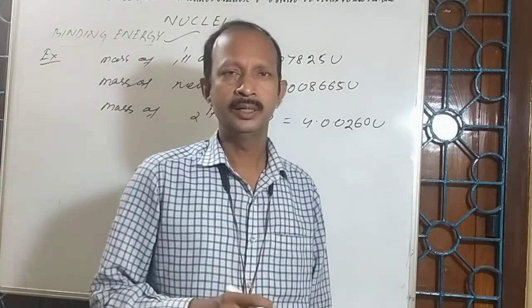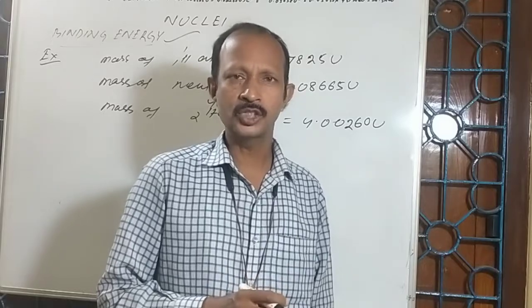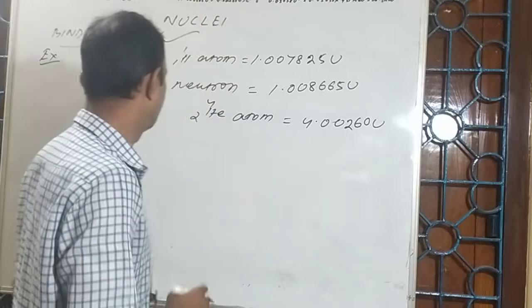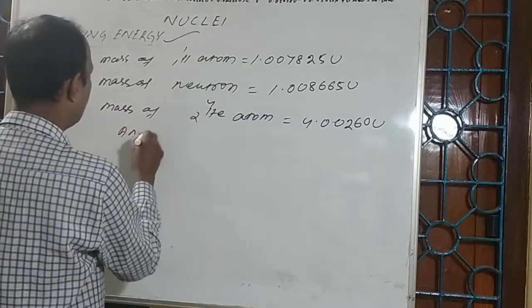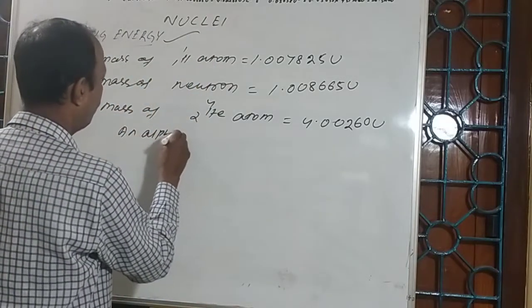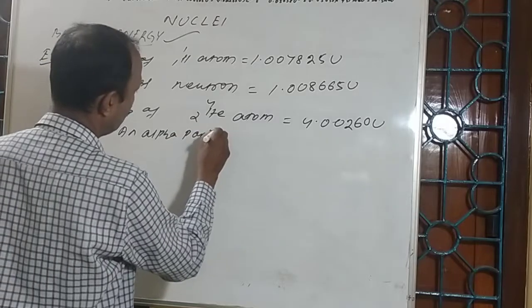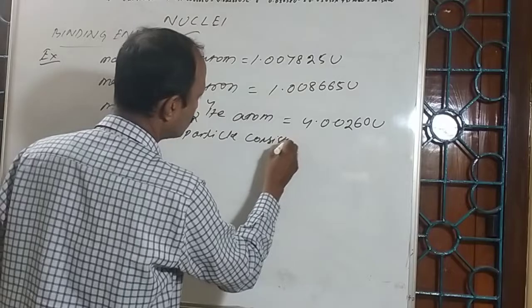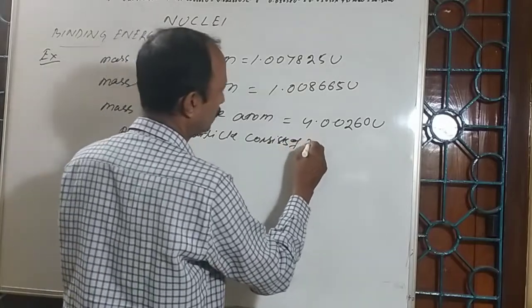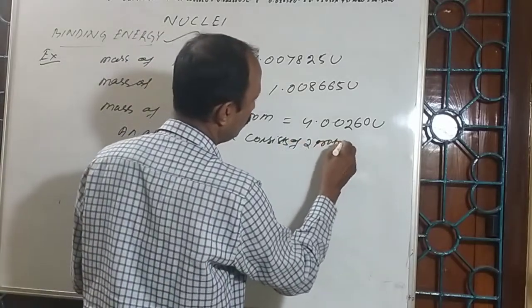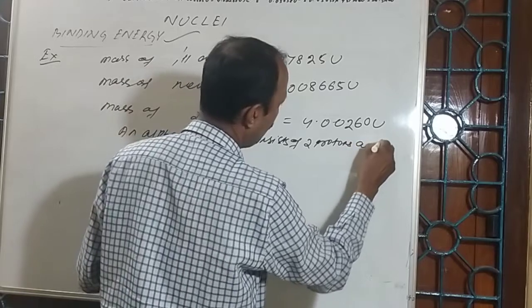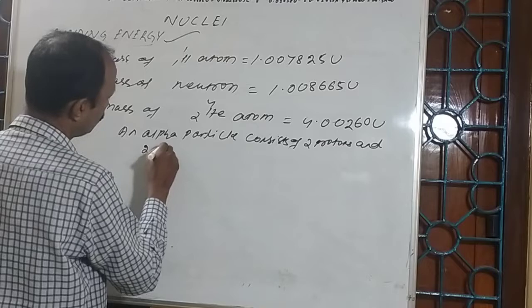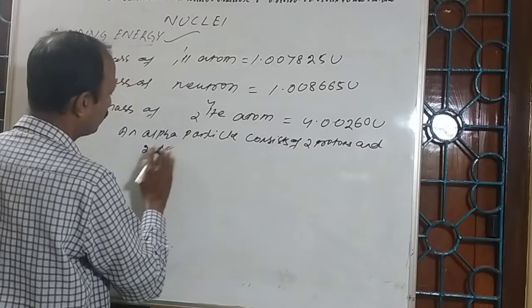You know that an alpha particle consists of two protons and two neutrons.